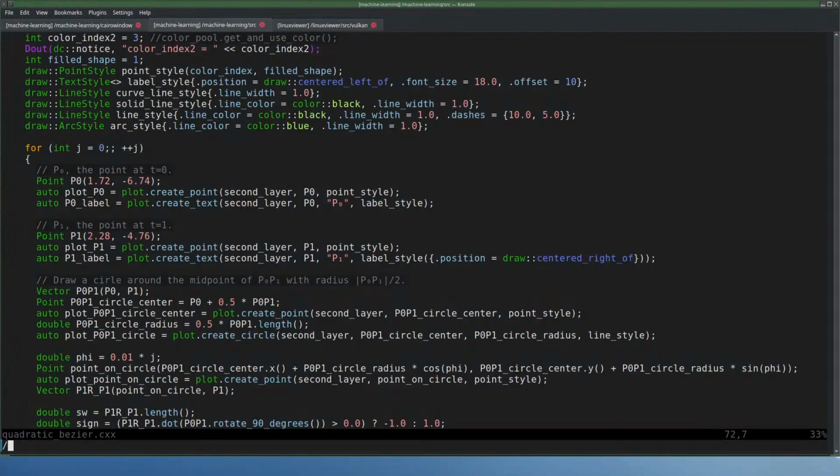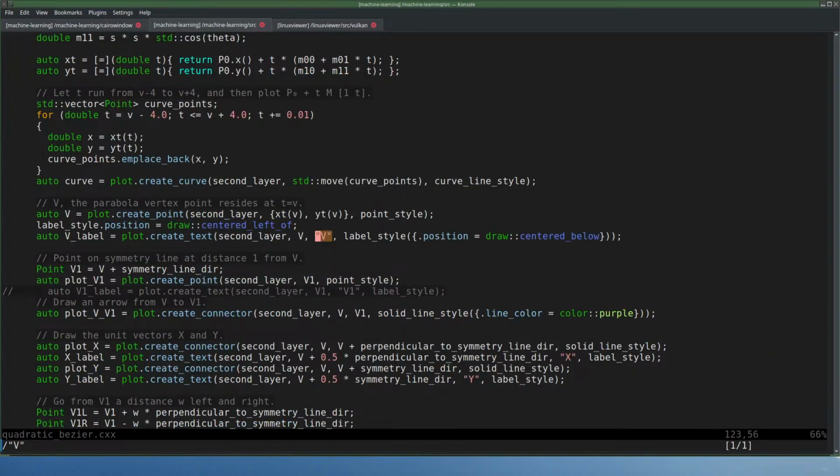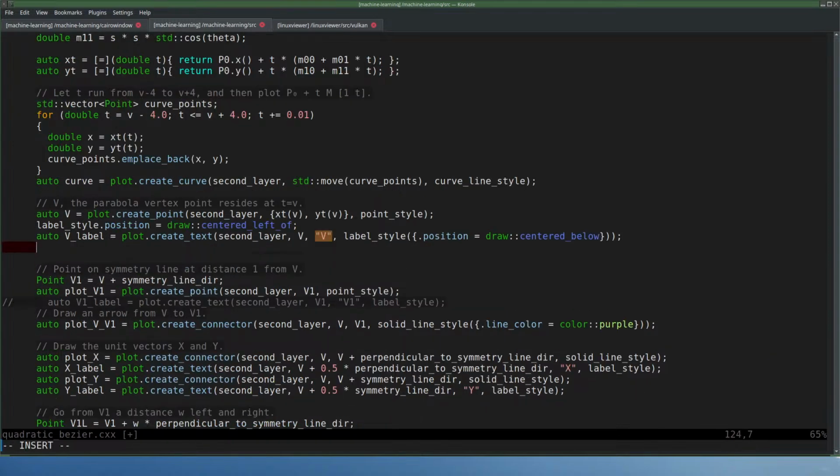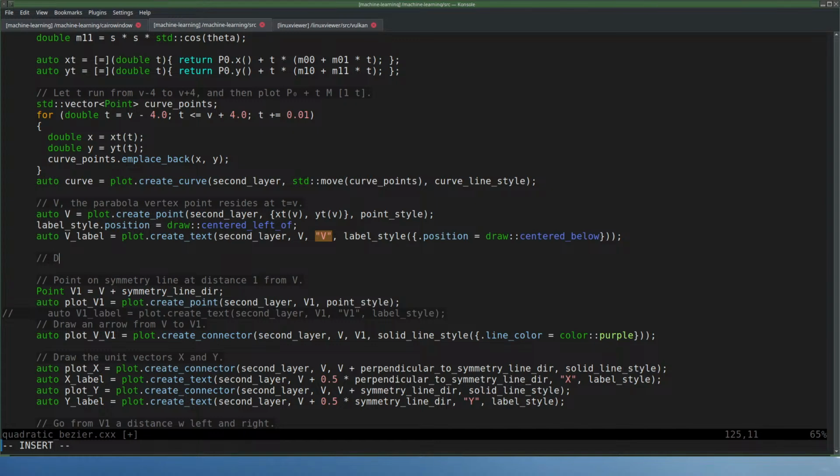So I'm having a V somewhere, and then draw a line, draw a vertical line through V. Yeah, from V up to y is -6.